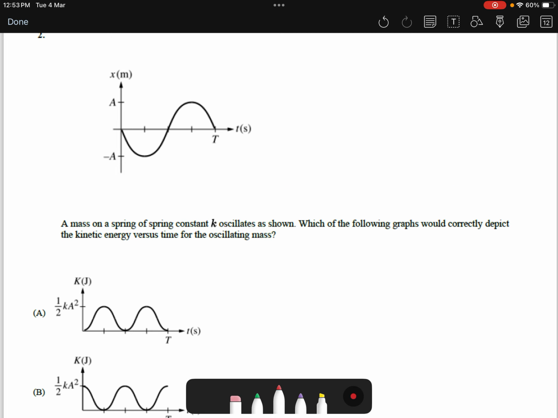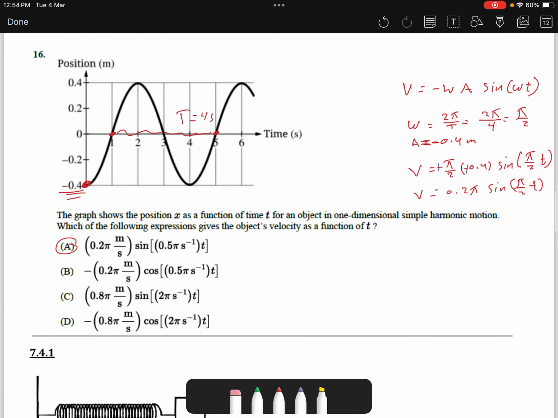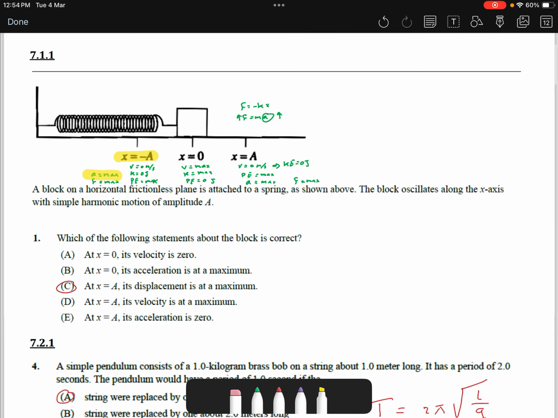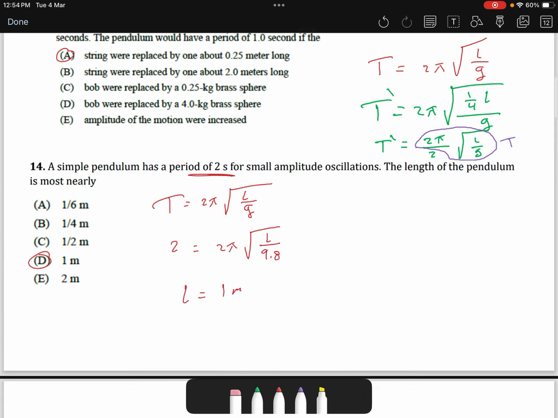Now, as we know, the kinetic energy will be maximum when it's at the equilibrium position. If you remember, let's go back to the figure here. The kinetic energy is maximum, as you can see, when it's passing through the equilibrium point.